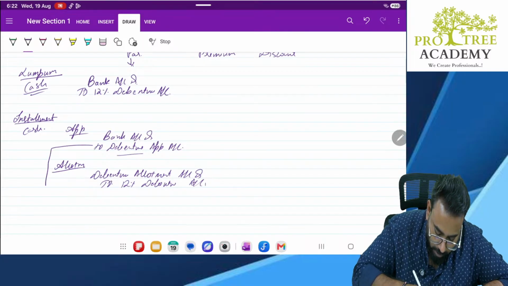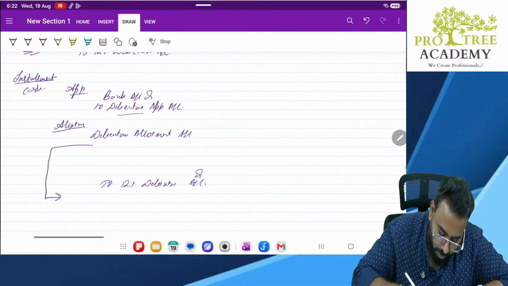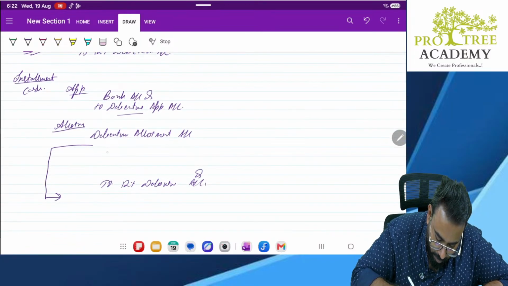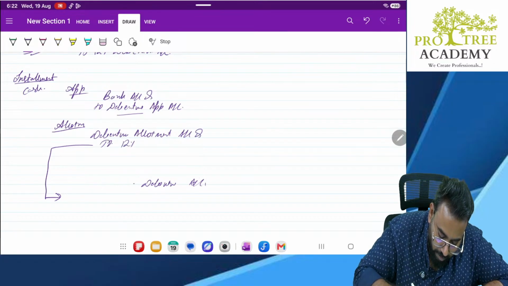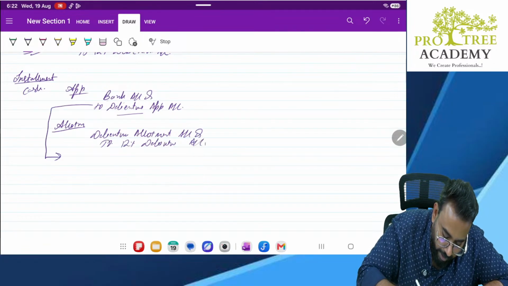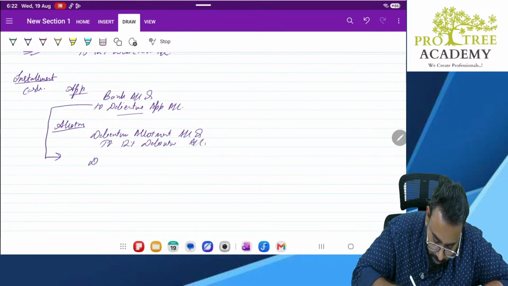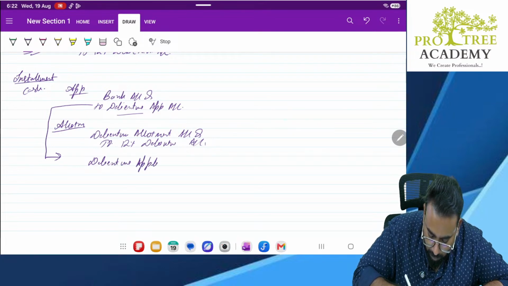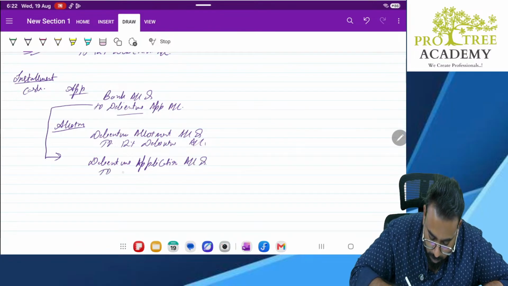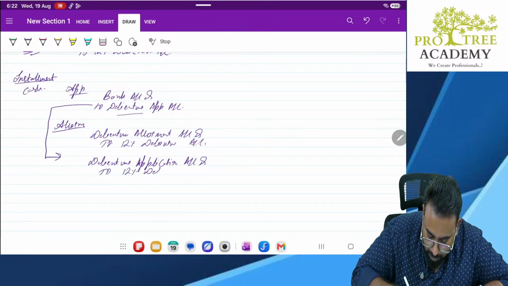This also has to be transferred to debentures account, correct or no? So what is that entry? No, bank we have already received the money here. We have already received the application money, correct or no? Now debenture application account debit to 12% debentures.